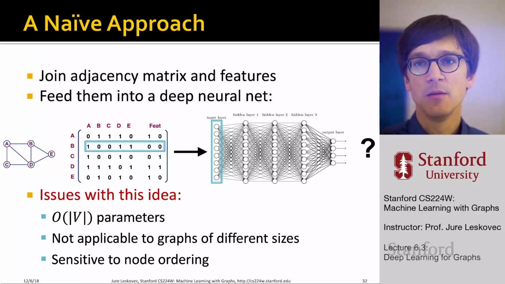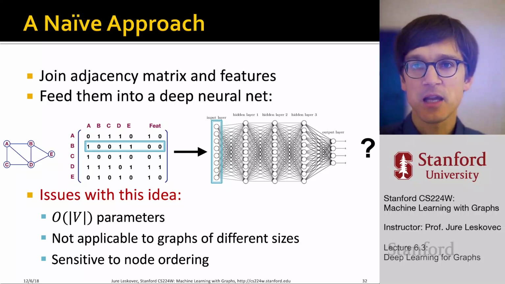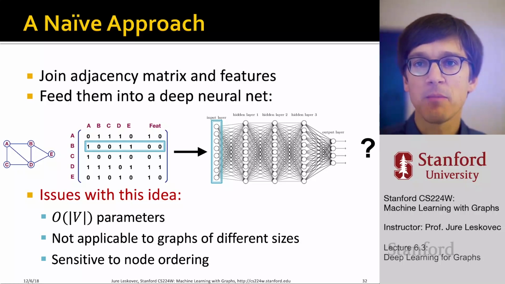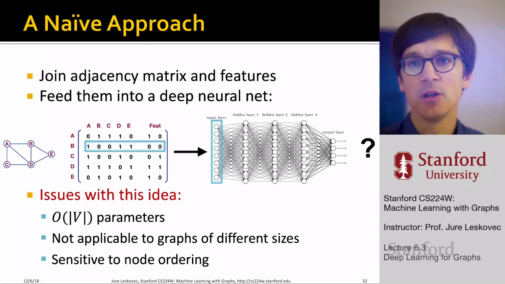In that case, the model would get totally confused and wouldn't know what to output. So the point is that in graphs there is no fixed node ordering, so it's unclear how to sort the nodes of the graph to put them as inputs in the matrix. That's much easier in images, because you start with the top left pixel and go line by line. In a graph, the same graph can be represented by many different adjacency matrices, because it all depends on the ordering in which you labeled or numbered the nodes.